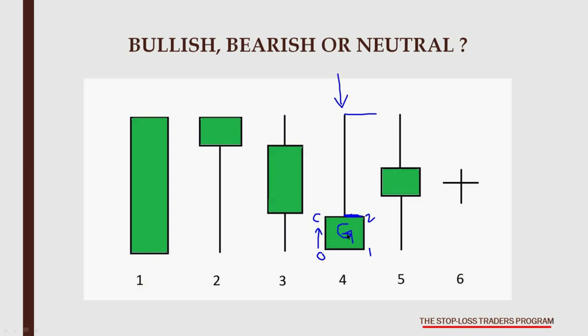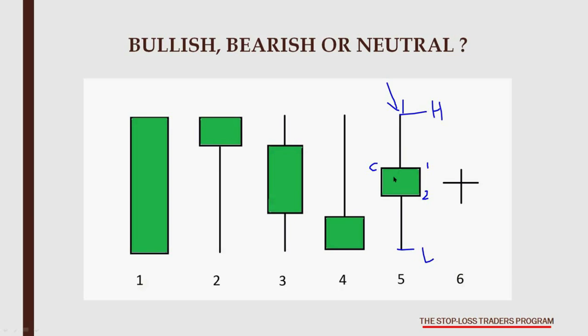The close is always above the open in a bullish candlestick, and the color of that candle is always green, right? Then comes the bearish candlestick, where the open is above the close. We have the high and the low at the same place as in a bullish candlestick, and this is colored in red.